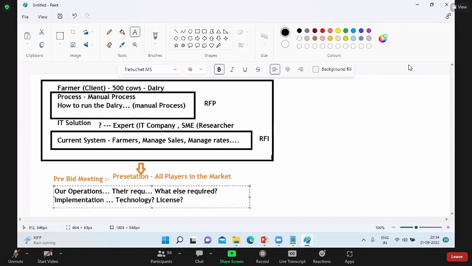There is also the business partner question, how we are going to take it forward. Are you going to make me a partner of this, so that for every liter I get 5 paisa, 10 paisa? Like this, they keep asking. All these queries are going to be clarified in the pre-bid meeting.